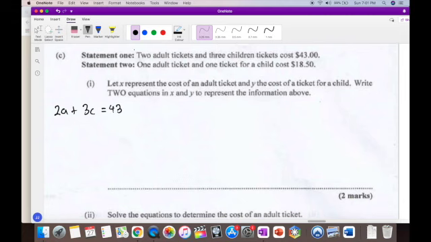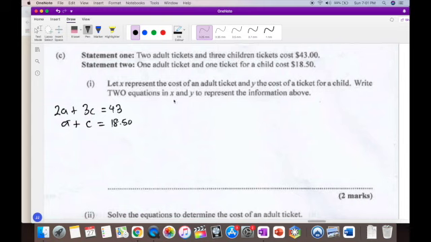And you notice I didn't even read the rest of the question yet. 1 adult ticket plus 1 child ticket costs $18.50, right?